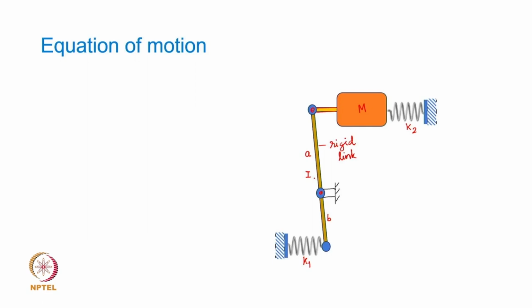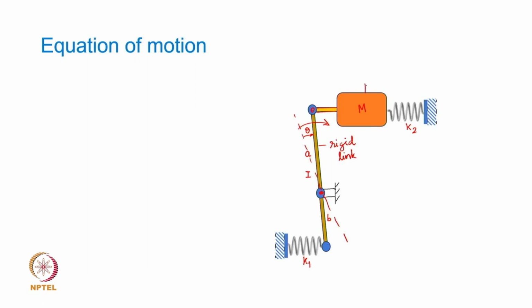Now, if you look at the system closely, it is a kind of mechanism which can be used in practice. The link actually rocks about this fulcrum, so obviously this could be the degree of freedom for this system. So theta, the angular displacement of this rigid link about the fulcrum, is our degree of freedom.